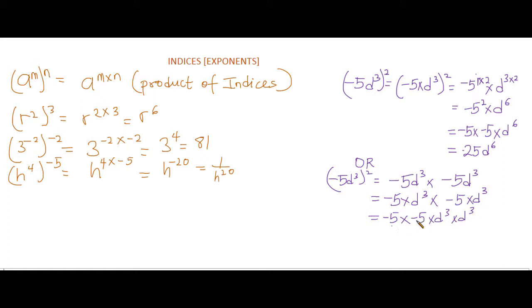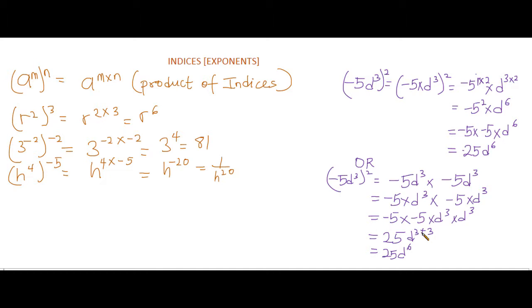This will be minus and minus plus, and this will be 25, and this will be d raised to power of 3 plus 3, because this is the multiplication law. Our final answer will be 25 d raised to power of 6. So we can see, using either of the two methods, we're still going to have the same answer.